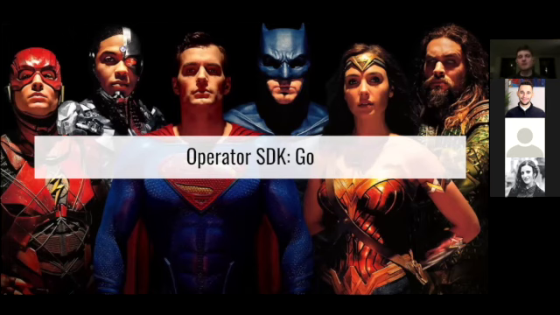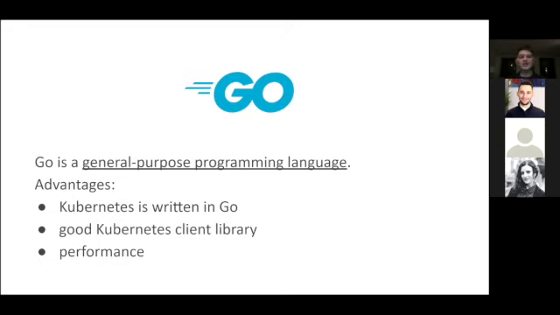The third option you have is to use operator SDK with the Go language. Go is a general purpose programming language. It's not declarative like Ansible. Go is just a programming language.